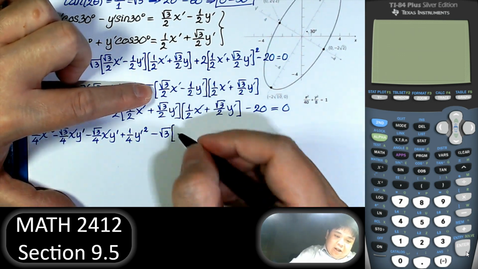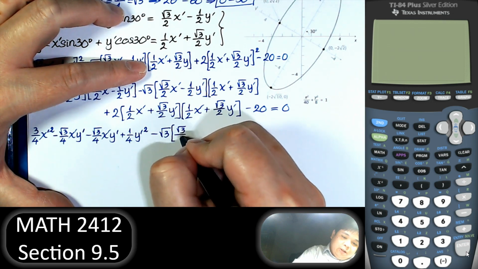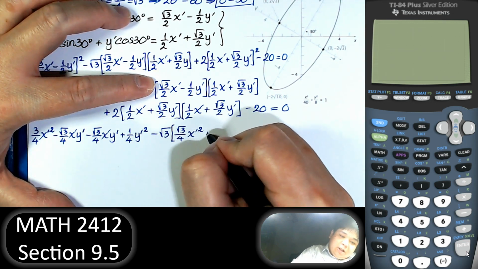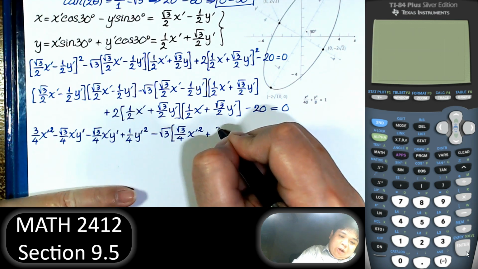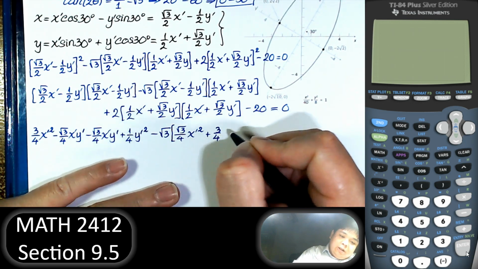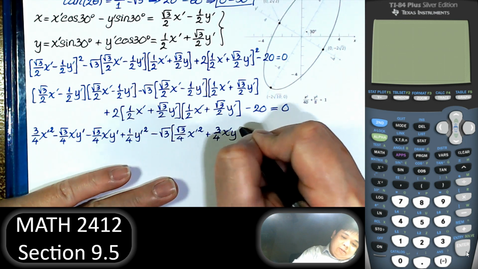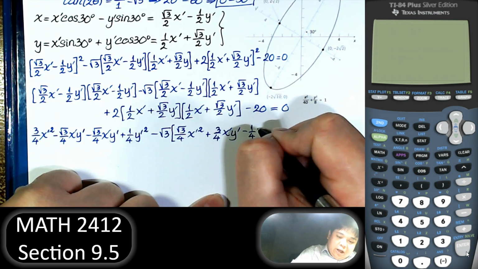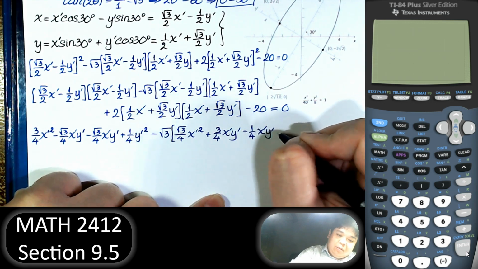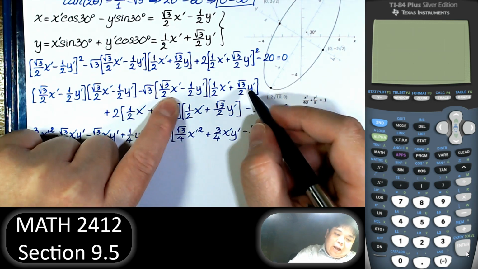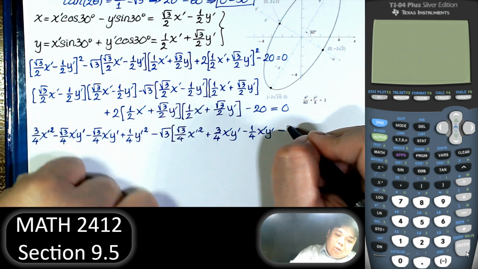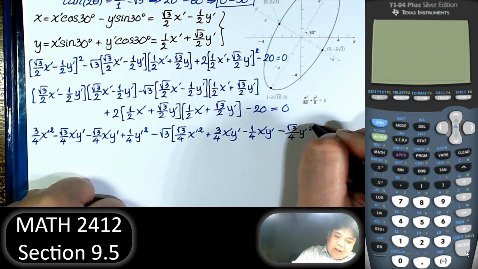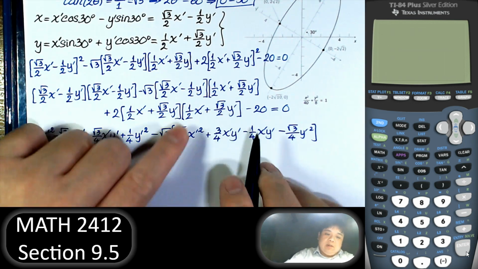Multiply this out. Square root of 3 over 4 x prime squared plus 3 over 4 x prime y prime minus 1 over 4 x prime y prime, and then the last one, minus square root of 3 over 4 y prime squared, right?